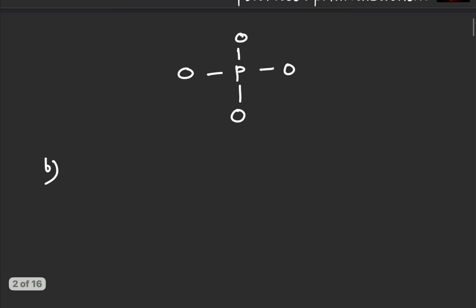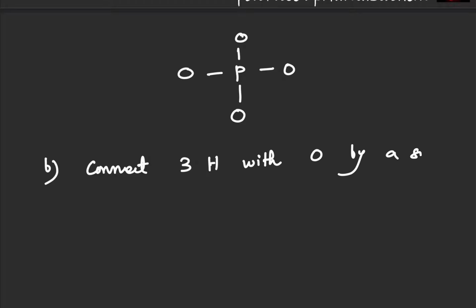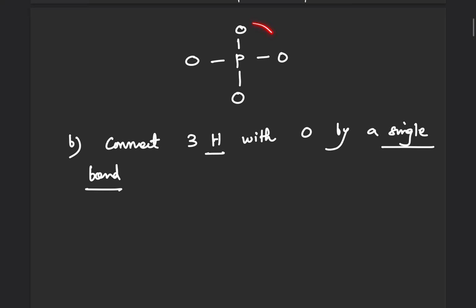This will be a single bond because hydrogen's valency is 1, so it will form a maximum of a single bond. There is no doubt about that. So this will look something like this now: phosphorus, O, H, O, H, O, H and a single bond O, right?